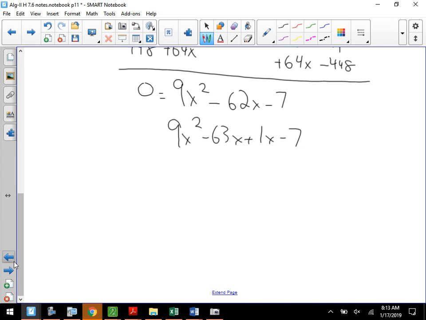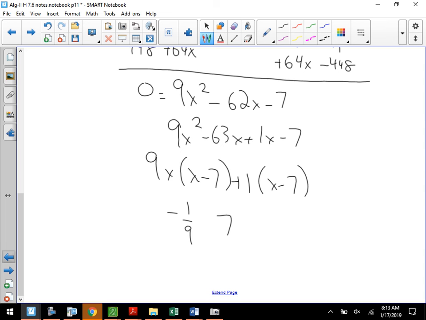Okay. So here you wind up, take out the 9x, you get x minus 7, take out the 1. If you want to write down what your zeros will be from that spot, by all means, go for it. I'm not asking to factor it, but if you get this far, you should be able to get your zeros off of that. So now you just check them.